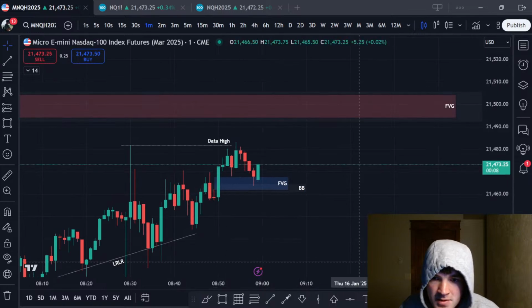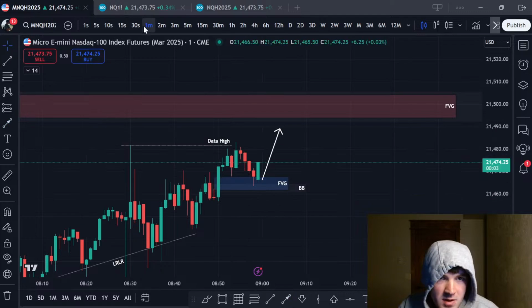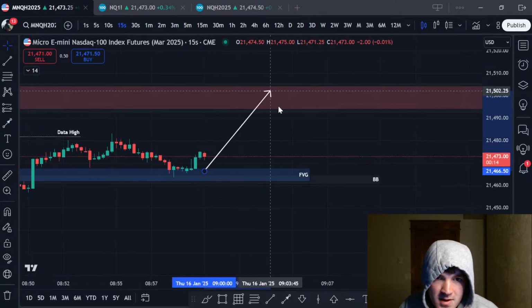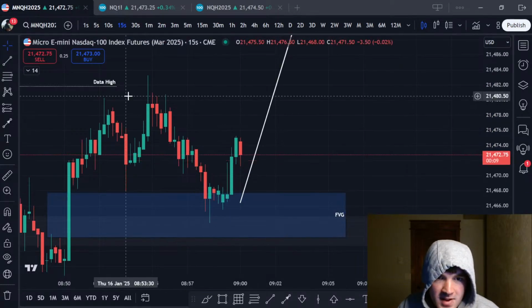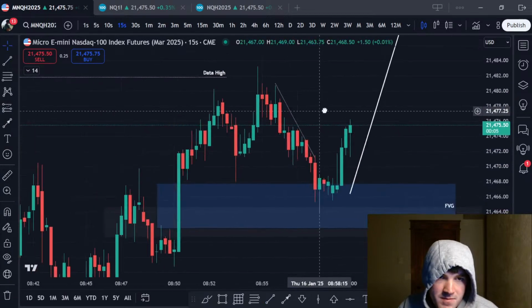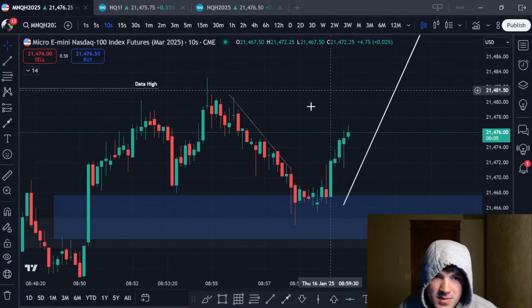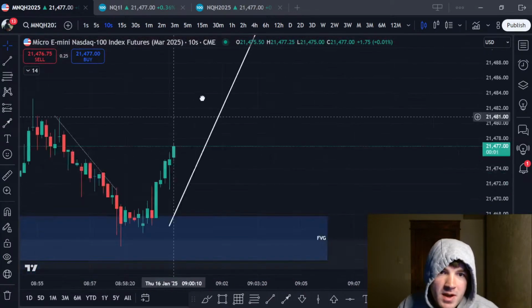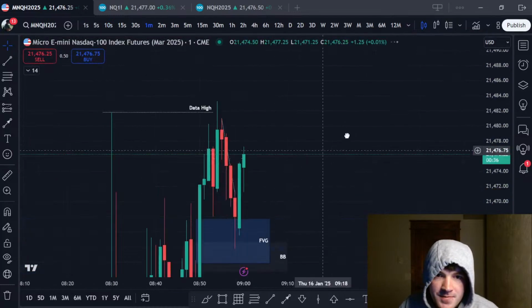It's possible we get a lower time frame move towards this little area here, especially because on the 15-second this is decent liquidity, right? So we're probably going to run this, but I don't know. Maybe not. To be determined.